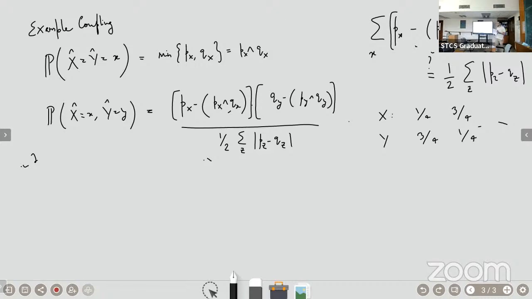So let's try to open this. What is the summation of mod pz minus qz? I'm going to write two sets.